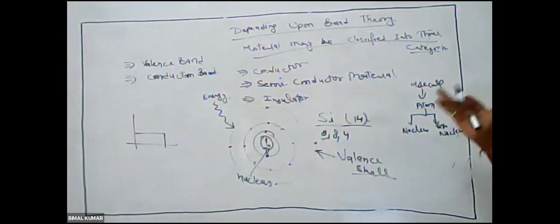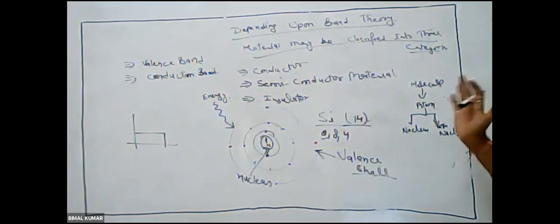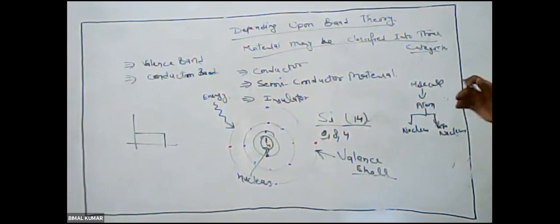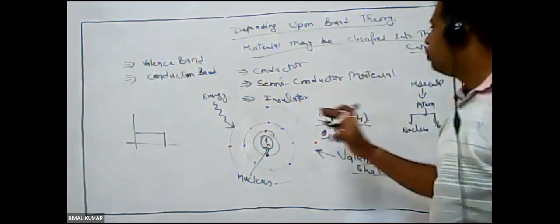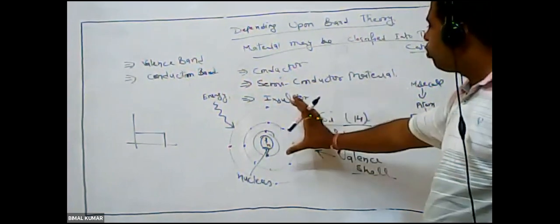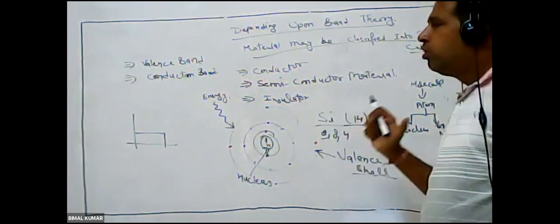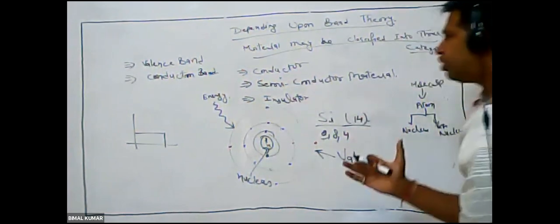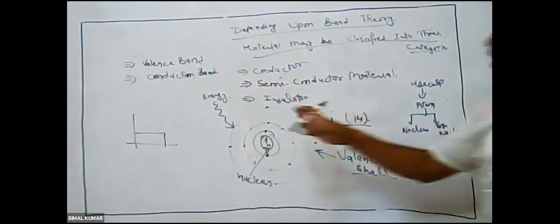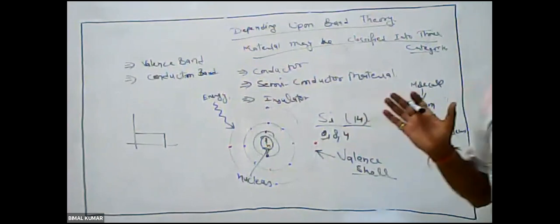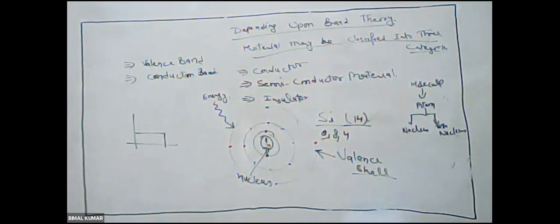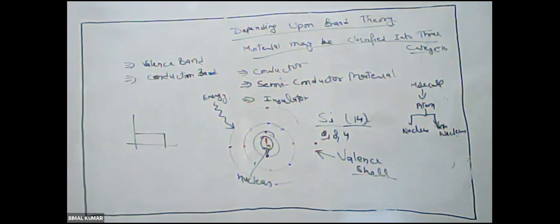Right? Now, what will happen in some of the atoms? In some atoms, we need a very small amount of energy to release the last orbit electrons.